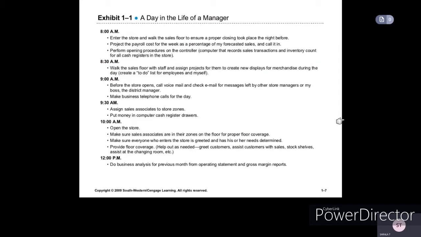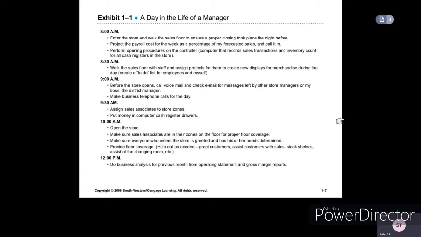Project the payroll cost for a week as a percentage of my forecast sales and call it in. Based on the previous week's sales, he will forecast the sales and provide a graph showing what percentage of sales has happened, and if any improvement is needed, he has to mention it there.